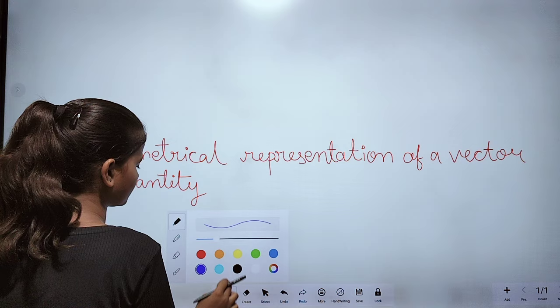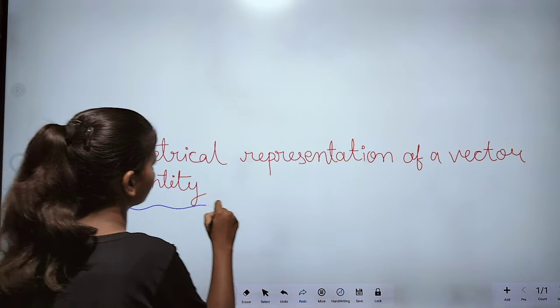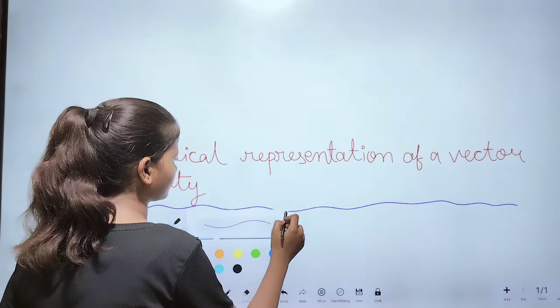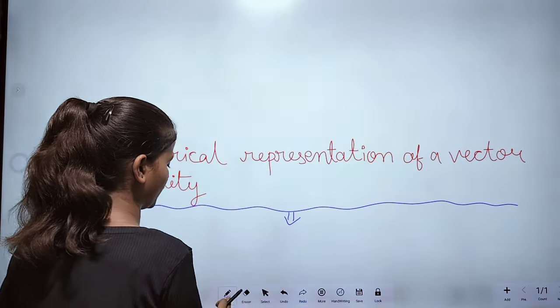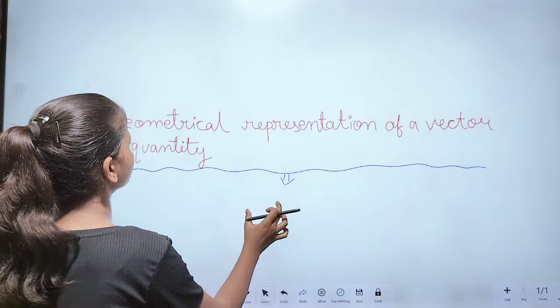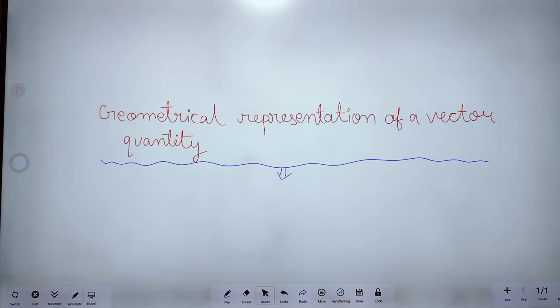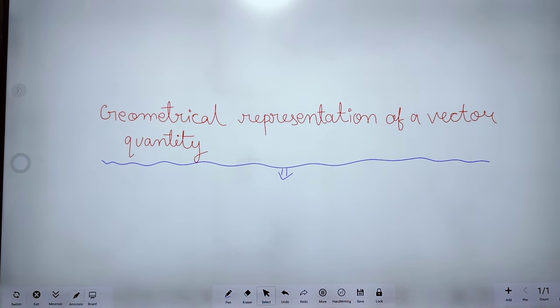Okay. Geometrical representation of a vector quantity. Okay. So let's see.